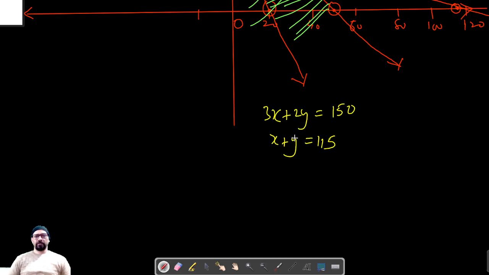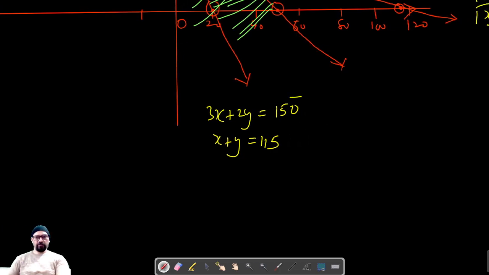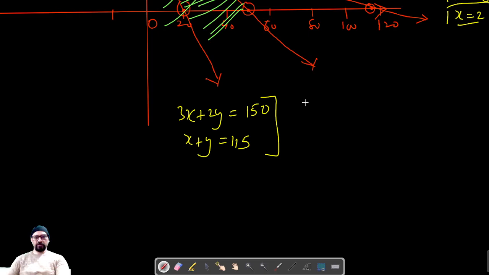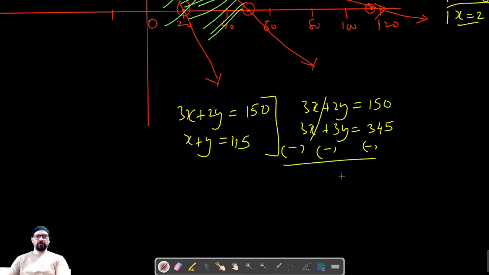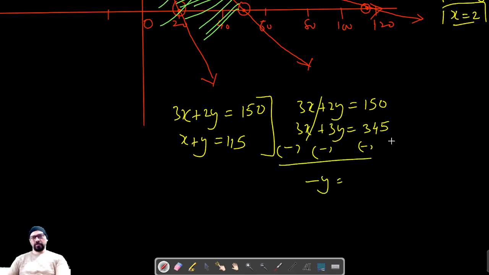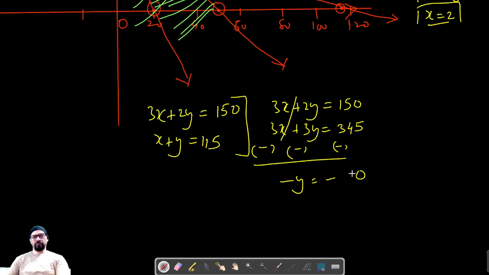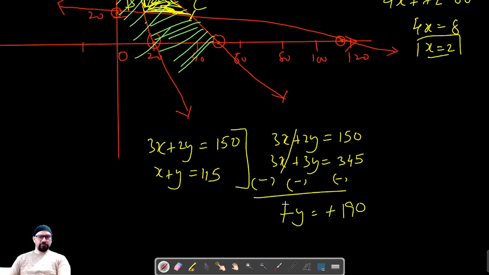Okay. If I try to solve them by the elimination method, this will remain 3x plus 2y is equal to 150, and this is 3x plus 3y is equal to 345.